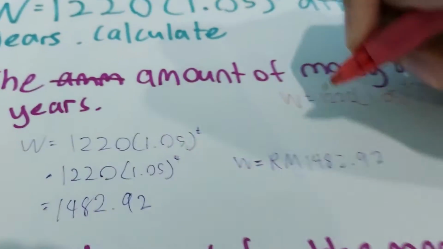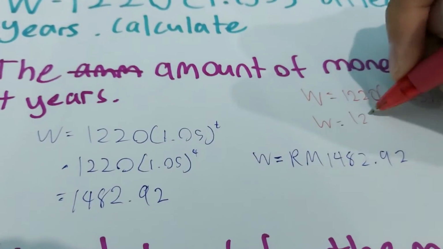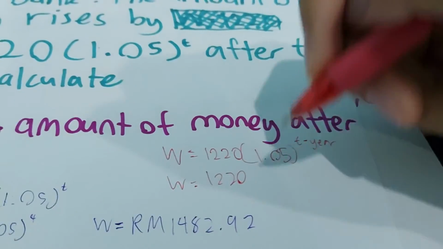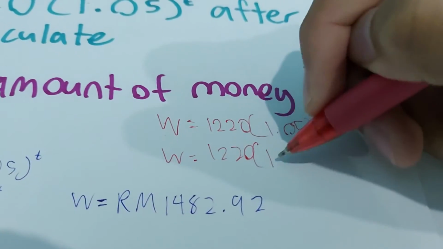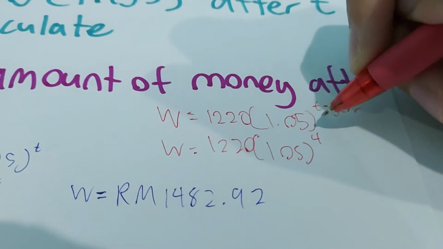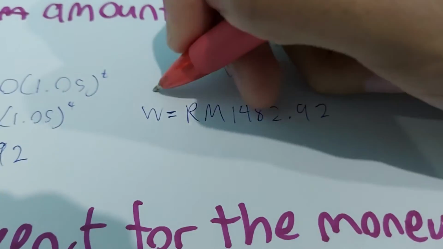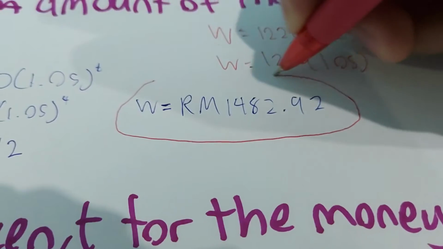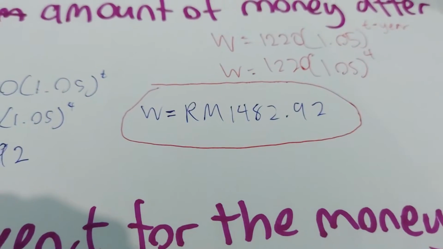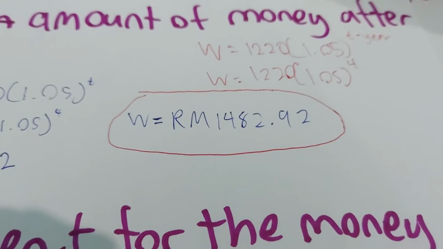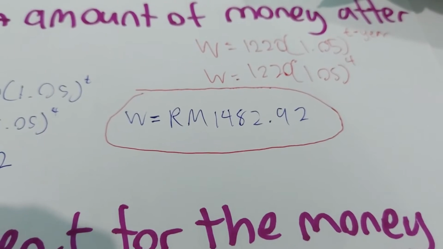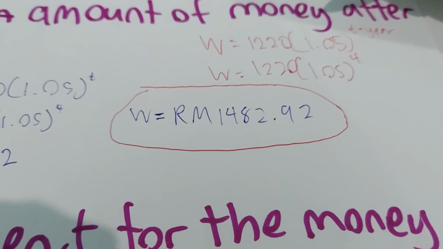So just plug in W equal to 1,220 in bracket 1.05 to the power of 4. Simply plug in T with 4 and use your calculator to calculate the result.